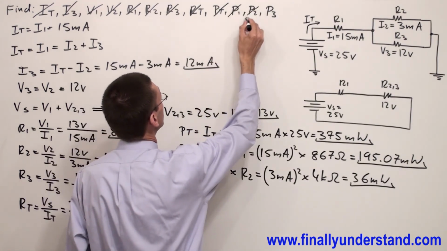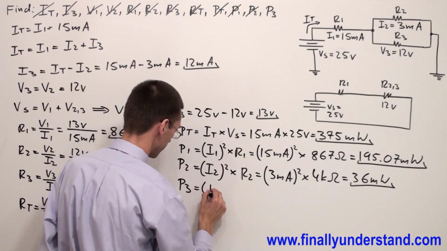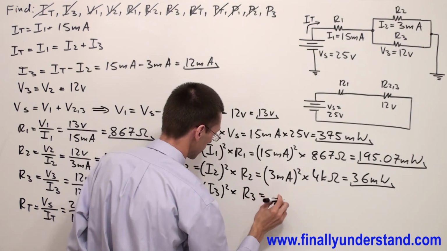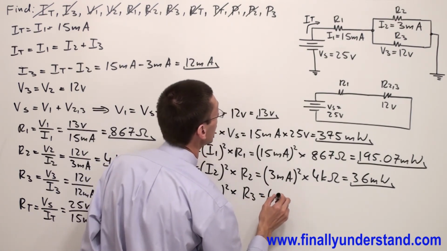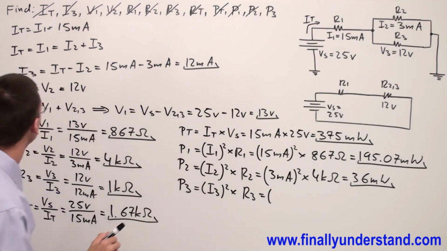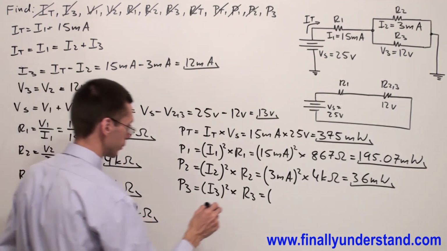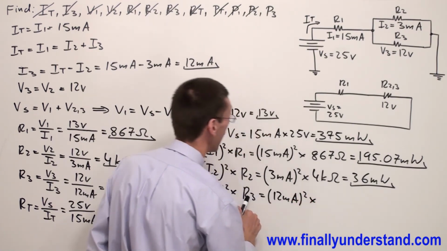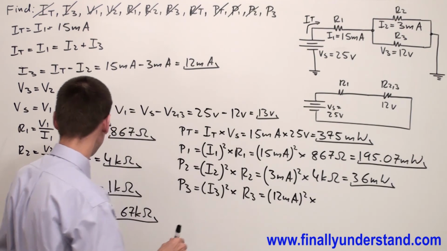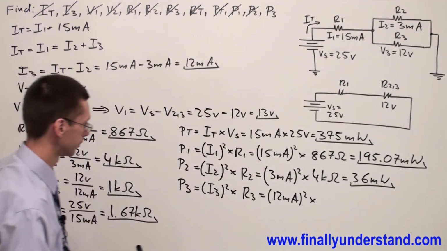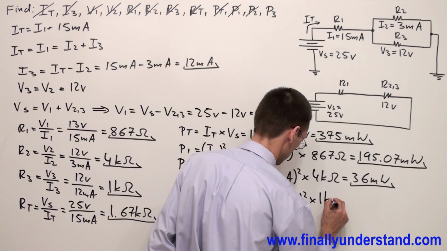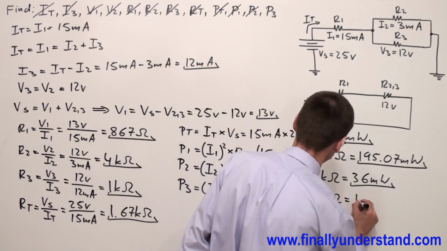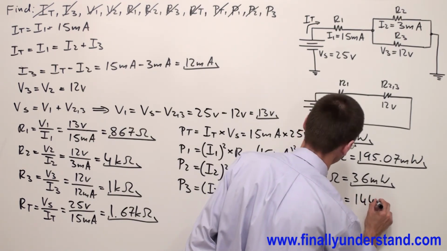We found P1, P2. P3 is equal I3 raised to the second power times R3. So this is equal I3 12 milliamps raised to the second power times R3, and we found that R3 is equal to 1 kilo ohm. Everything is equal 144 milliwatts.